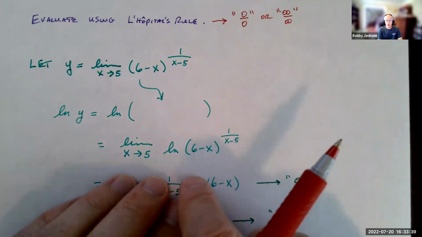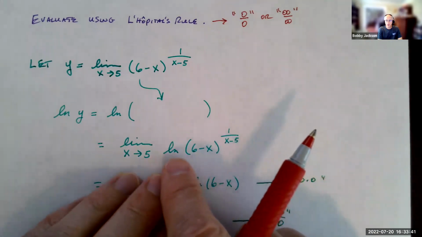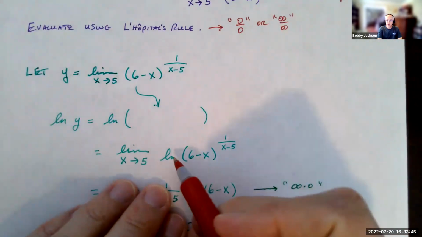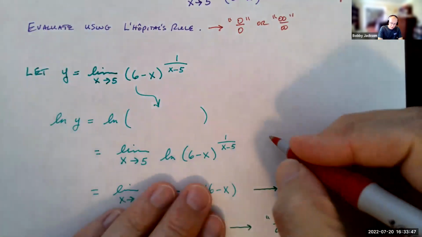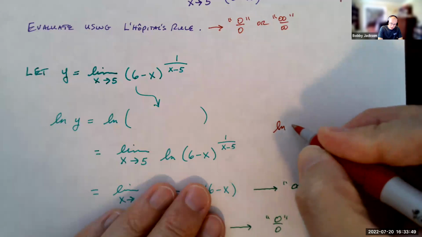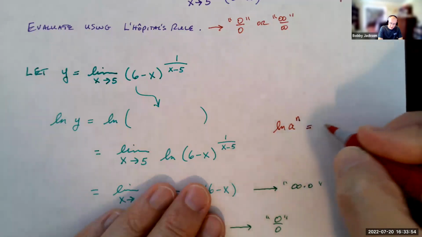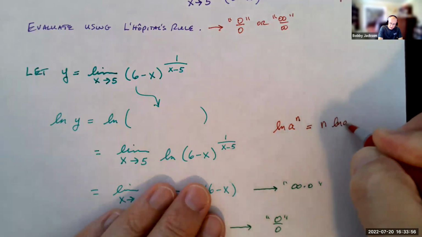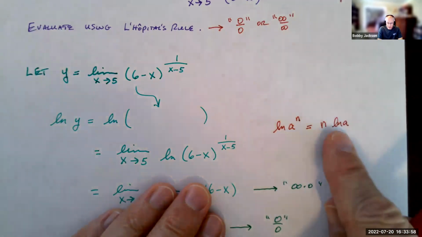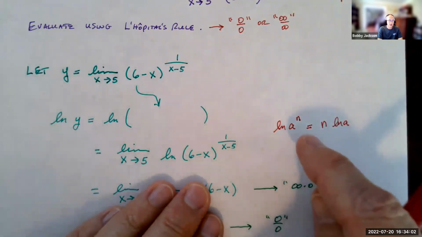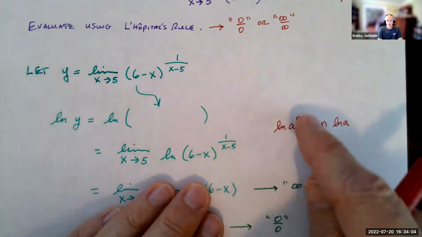Okay, so now why do we do that? Remember, we want to break up this exponential form. We're going to be able to do that because of this property: the natural log of a to the n power is the same thing as n times the natural log of a. Remember, the logarithm is the exponent. And so if I'm taking a base and raising it to another power, then I multiply the exponents.